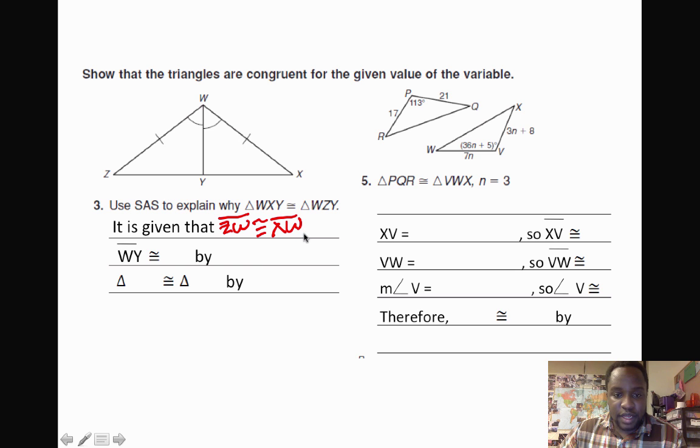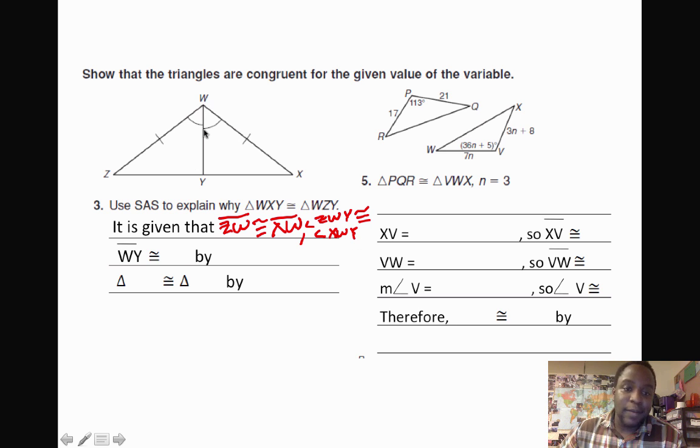It's also given that angle ZWY is congruent to angle XWY.